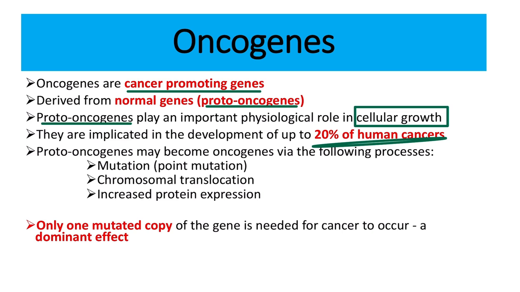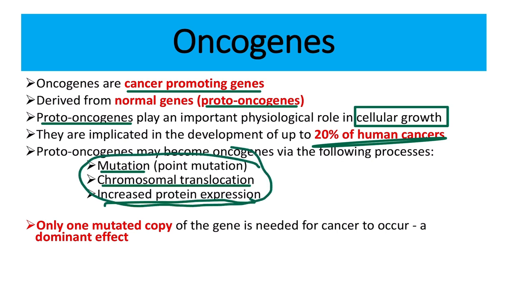The proto-oncogene may become an oncogene via the following processes: mutation, which is the most important, then chromosomal translocation, then increased protein expression. So a normal proto-oncogene may be converted into an oncogene by mutation, chromosomal translocation, or increased protein expression.